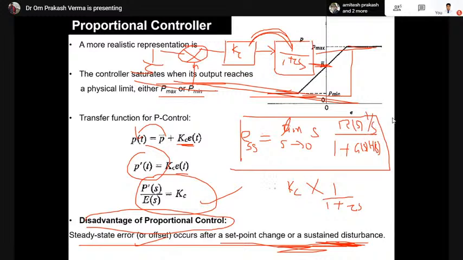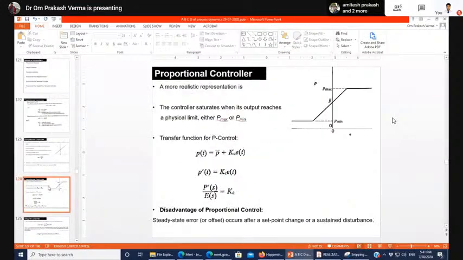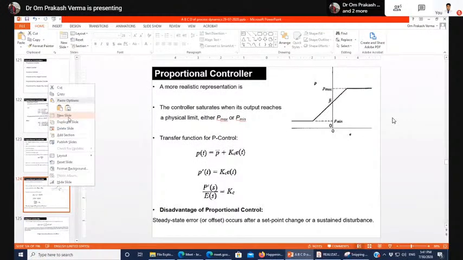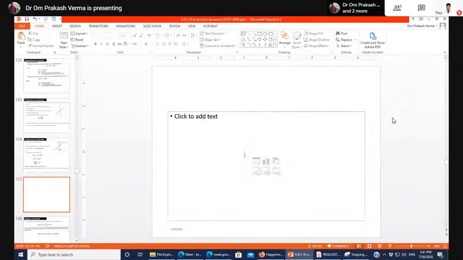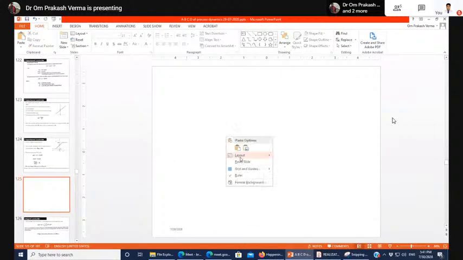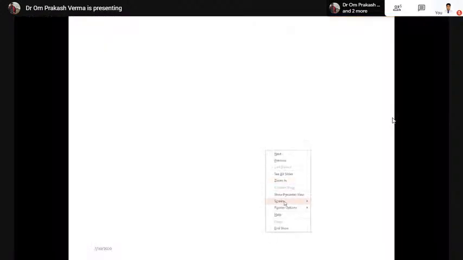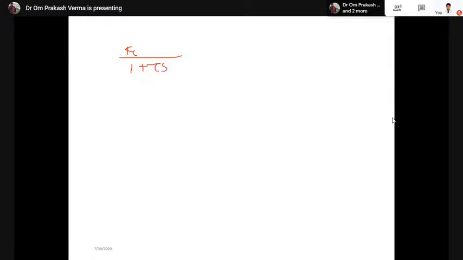I'm taking a new page so that you can understand it very carefully. So Kc into 1 upon 1 plus tau s is the transfer function.